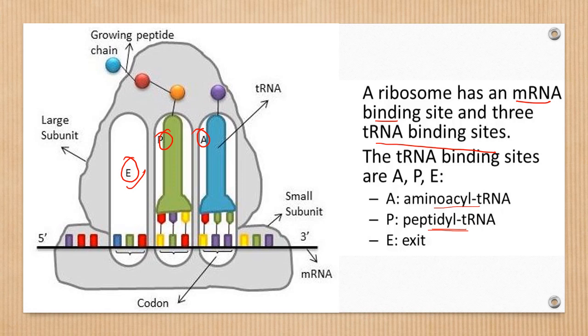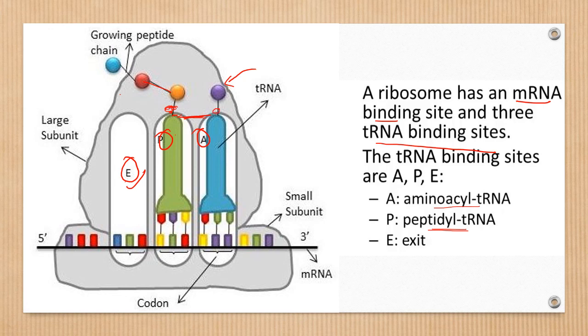When a new amino acid comes onto the A site, the already present amino acid is pulled onto the P site, and a new one comes here, and then a peptide bond is formed. Again a new amino acid is brought here, and from the P site the amino acid moves onto the E site, the exit site, then P becomes vacant.